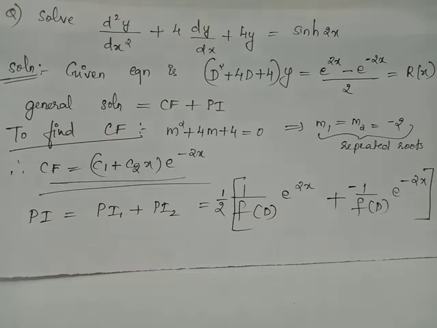We have f(D) = D² + 4D + 4, and hence 1/f(D) is the operator 1/(D² + 4D + 4), which acts on e^(2x) as well as e^(-2x).